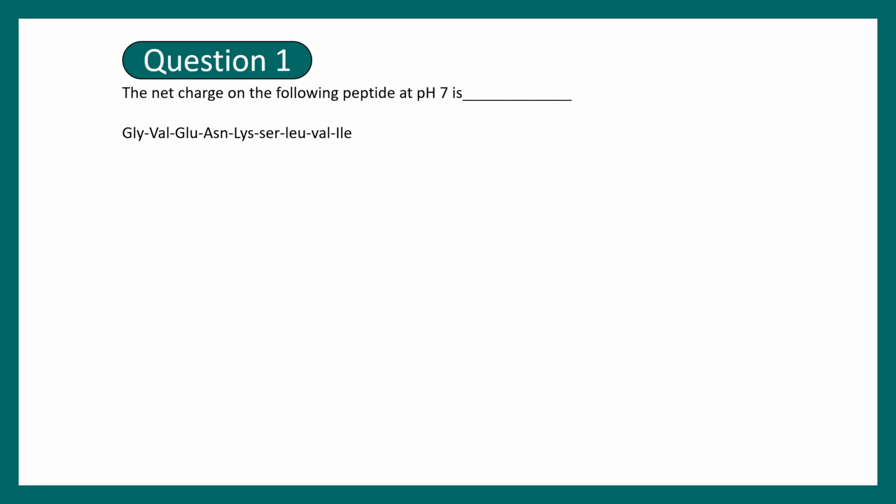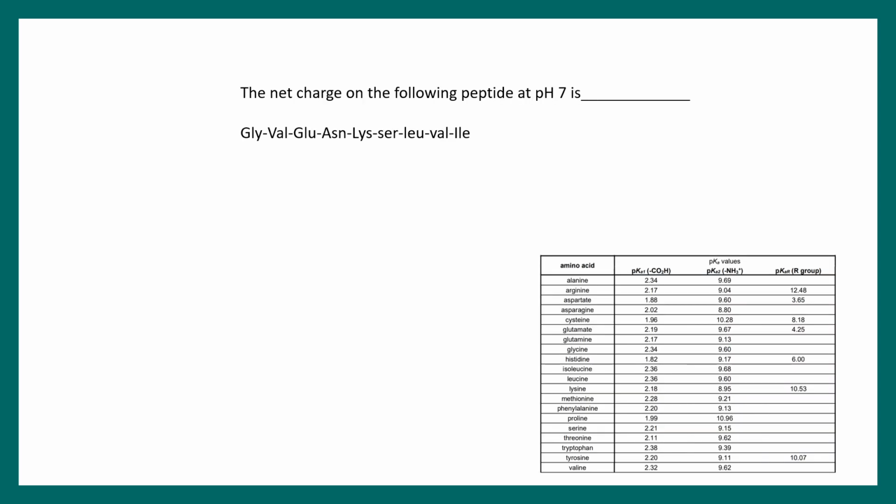Question number 1. The net charge on the following peptide at pH 7 is dash. So you have a peptide given here, and what is asked is the overall charge on this peptide at pH 7. The charge on the peptide depends upon what type of side chain it has.